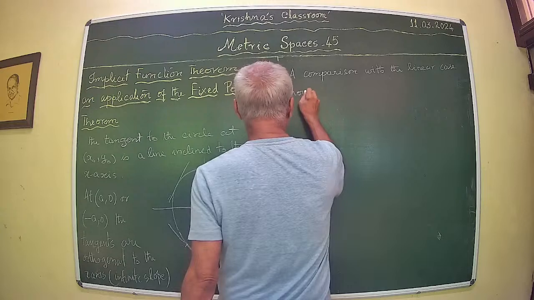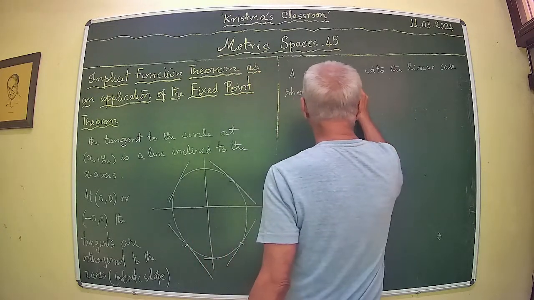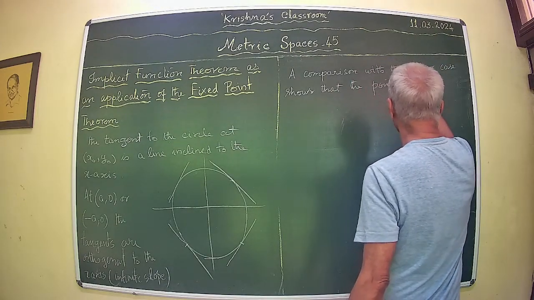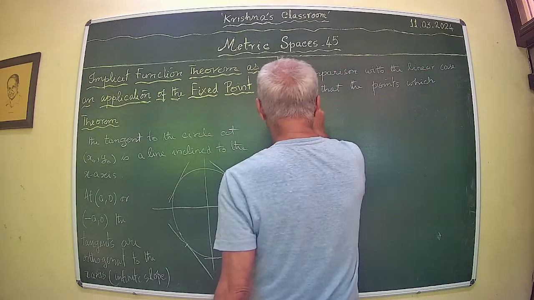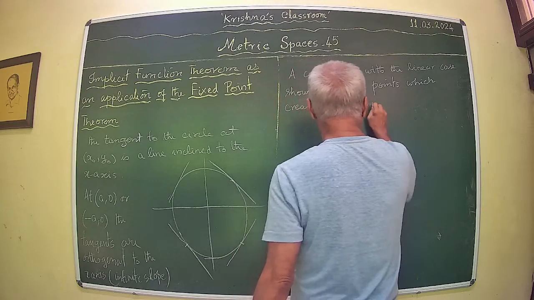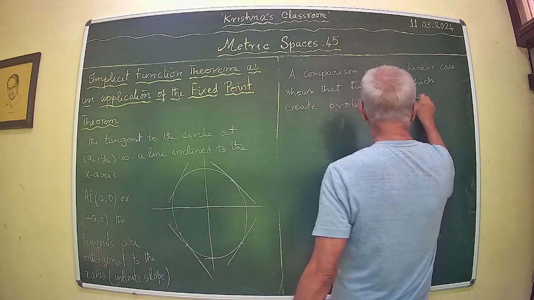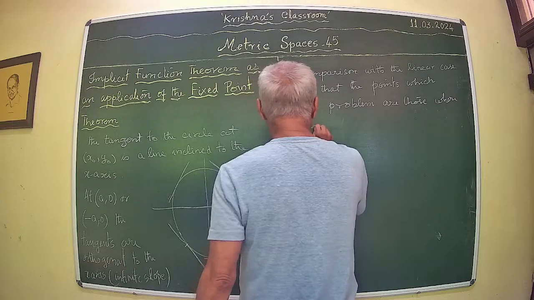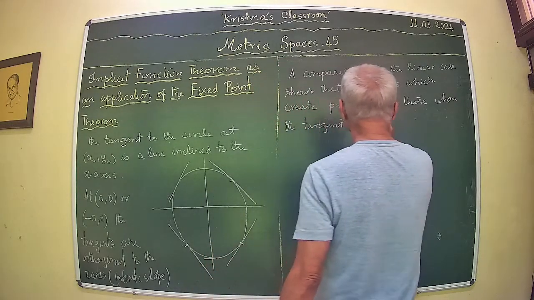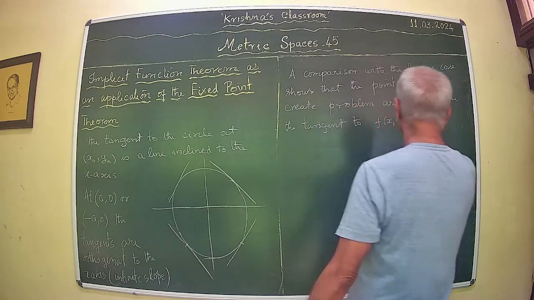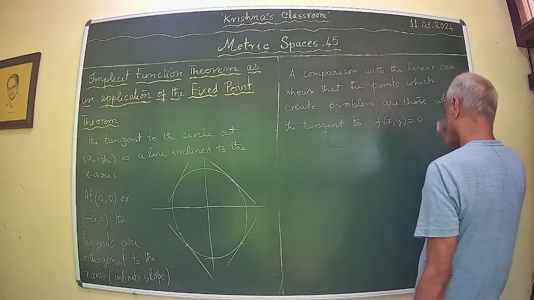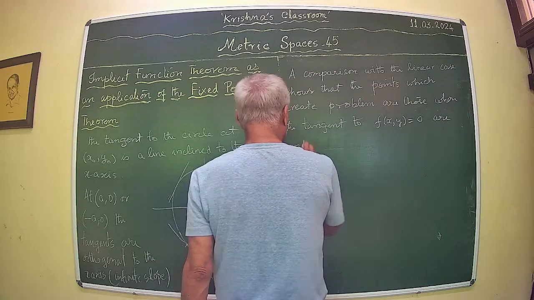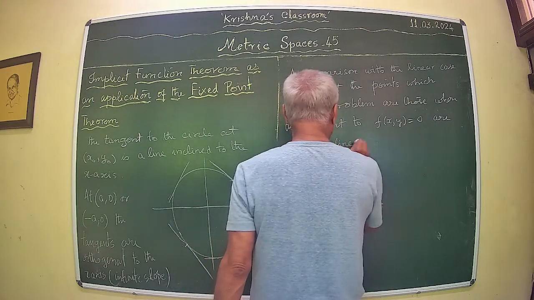This shows that the difficulty, the points which create the problem, are those where the tangents are vertical lines.